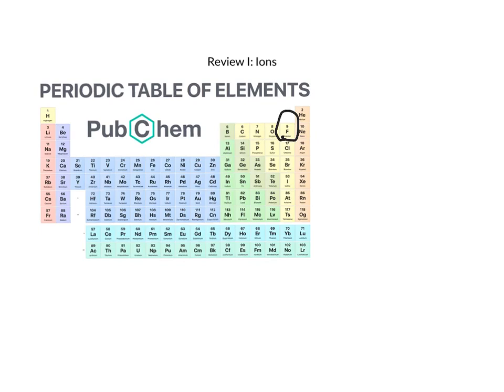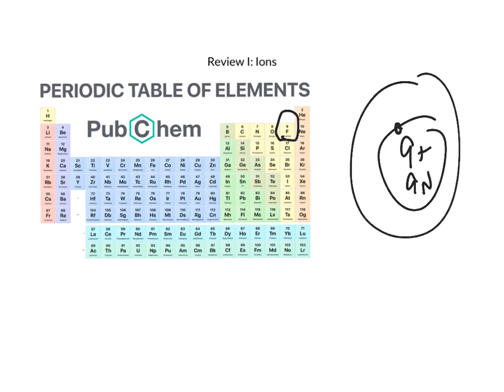So fluorine is going to have 9 protons, 9 neutrons, 2 shells, and 9 electrons. 2, 3, 4, 5, 6, 7. Because we got 2 of them inside, you have something like that.